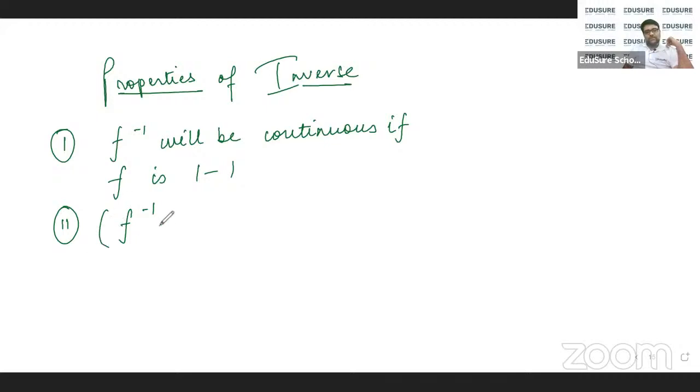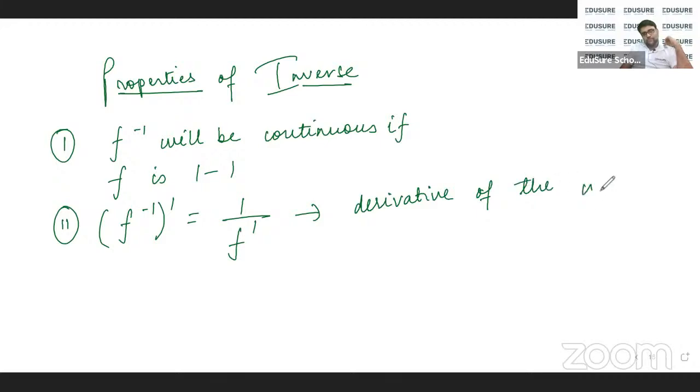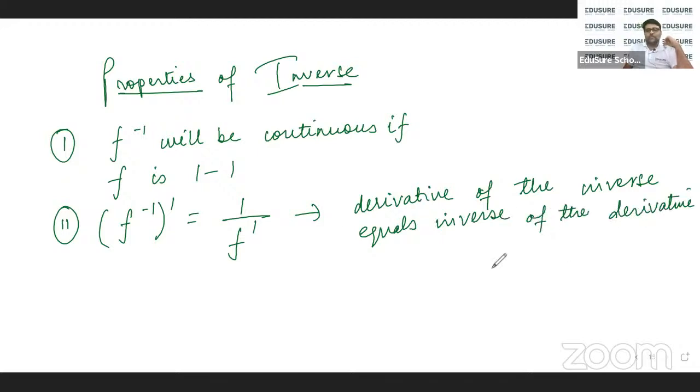F inverse derivative is 1 by F dash. So the derivative of the inverse equals the inverse of the derivative. Inverse of the derivative basically means 1 by F dash, and derivative of the inverse is F inverse dash.